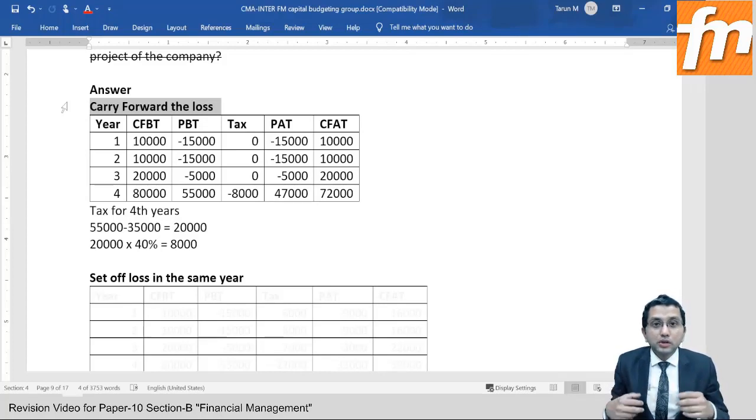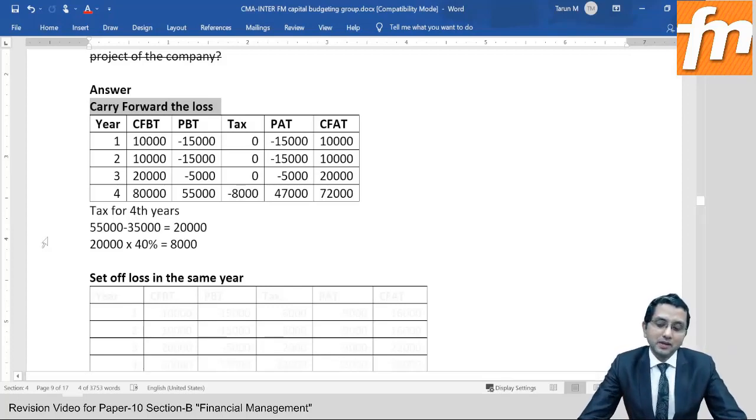So I need not carry forward the loss. See, if I'm one company and I'm running two businesses, I don't file two income tax returns. I file one income tax return as a company. So one business is a profit, the other business is a loss. I cancel it, I'll set it off in the same year. I won't carry forward the loss. And that way, I'll reduce my tax burden for my existing profit making business.